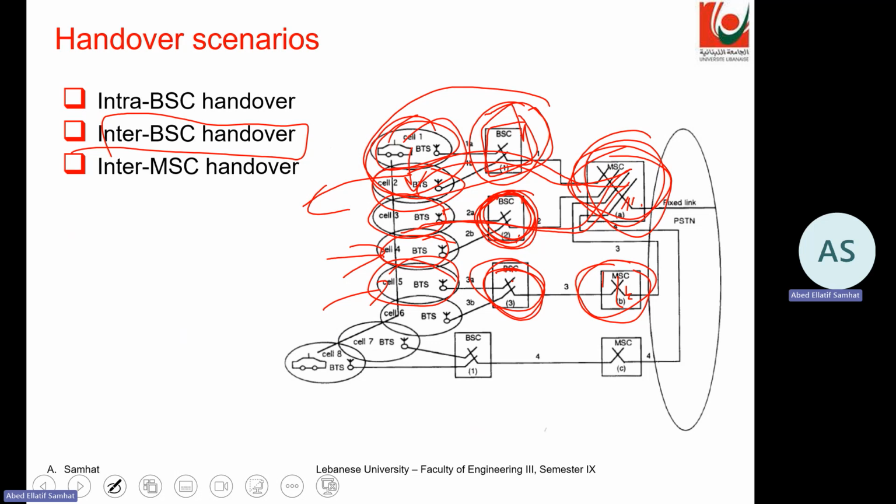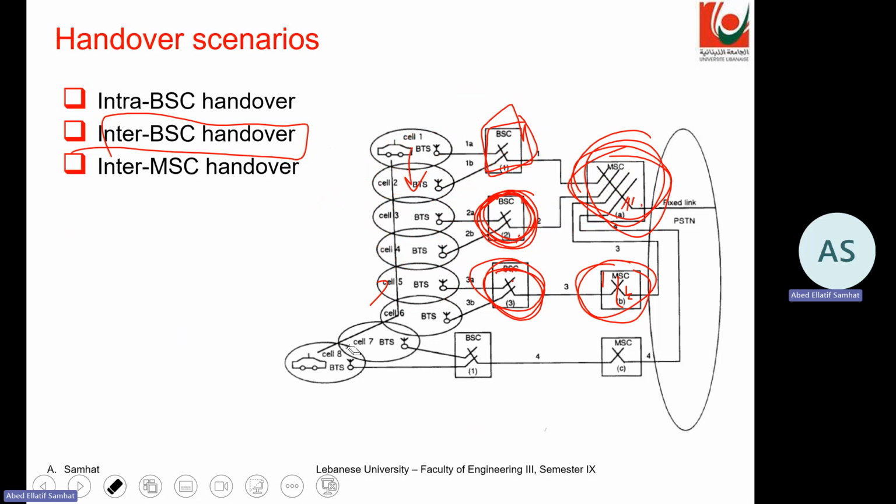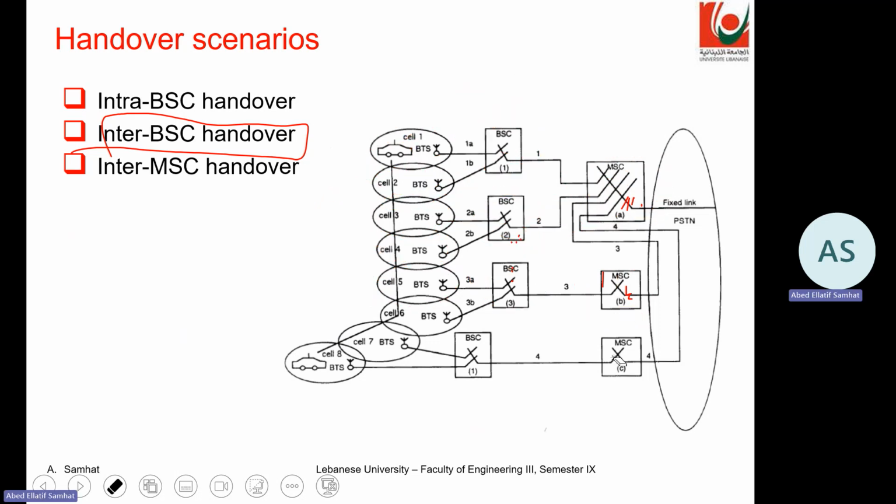For the execution, the main idea, as I said, is to be able to make the reservation of the communication. Let's say the user moving from this cell to this cell is receiving a call. If it's between cell 1 and cell 2, it's just intra base station controller, so there is no change at the mobile switch center.